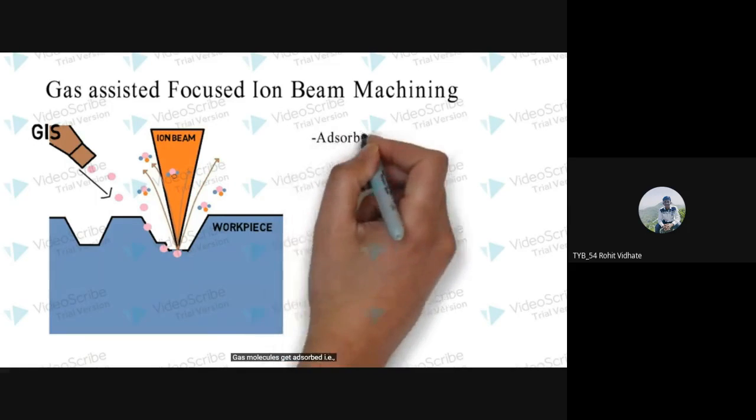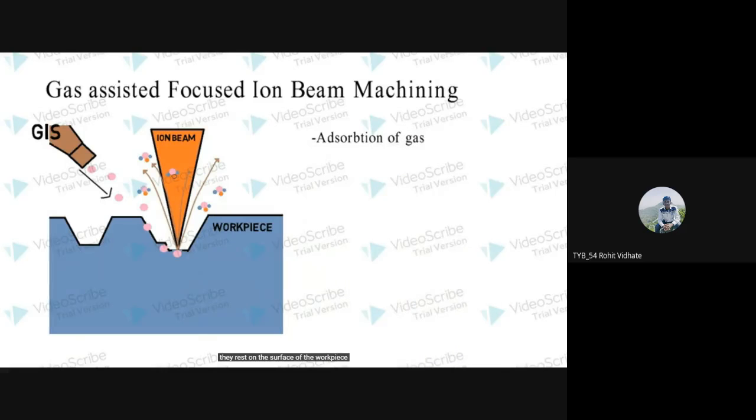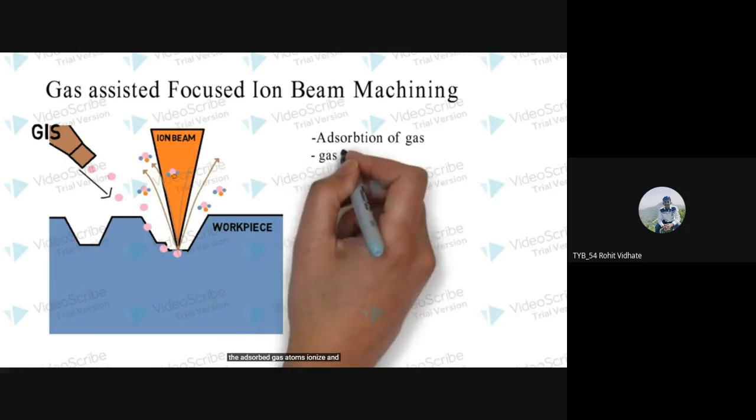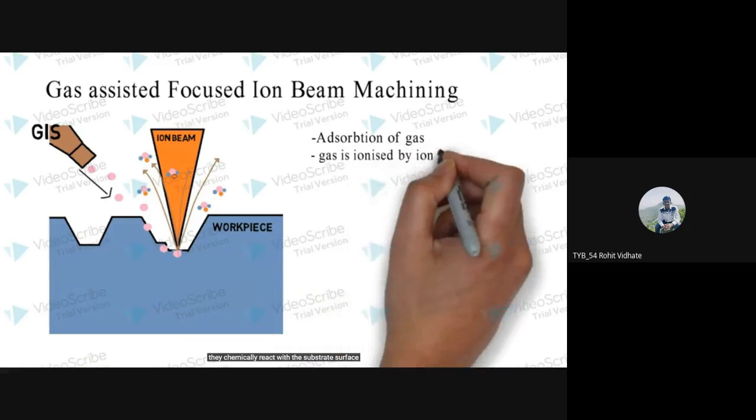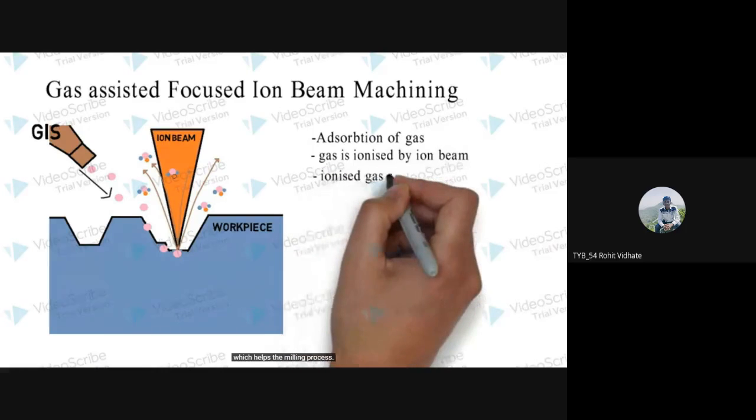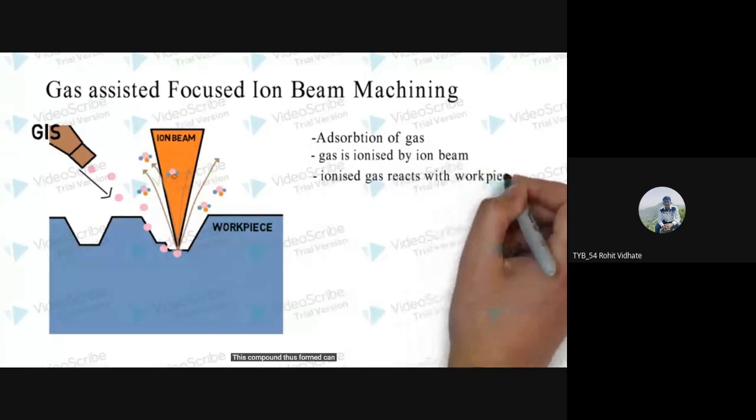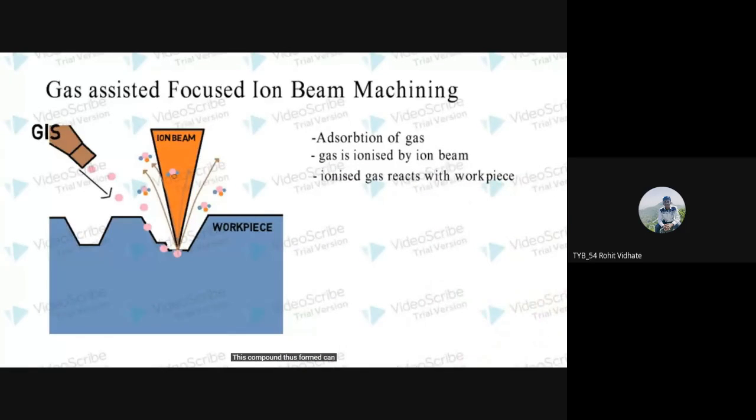Gas molecules get adsorbed, that is, they rest on the surface of the workpiece. When an ion impinges on the surface, the adsorbed gas atoms ionize and chemically react with the substrate surface, which helps the milling process. This compound can most of the time be volatile, so it is removed from the workpiece.